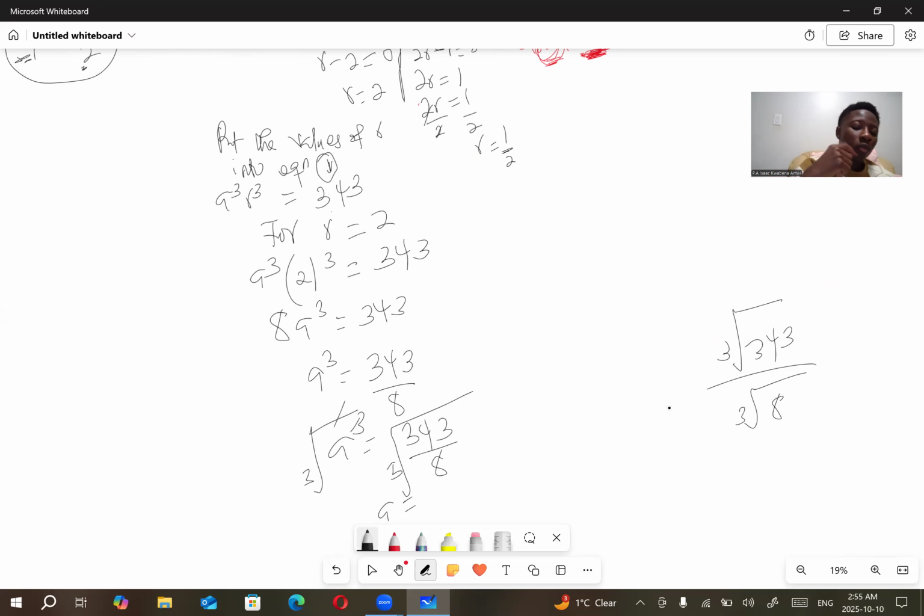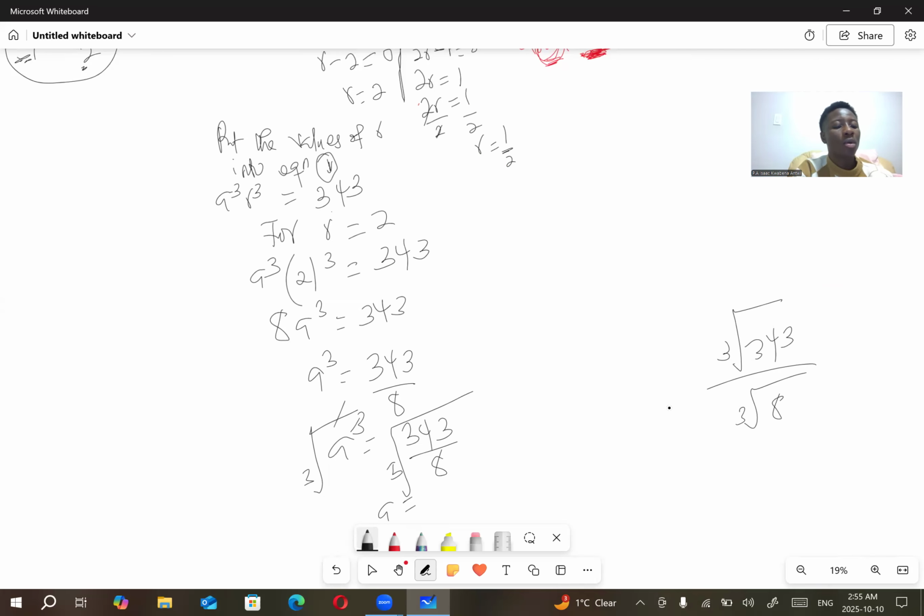You can put in the whole fraction. In fact, let's put in everything because we did not break it down in a step. So it will be 343 over 8.